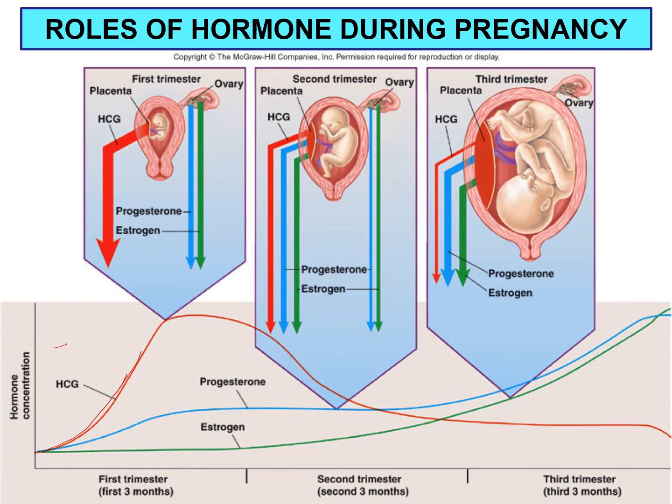HCG is released by trophoblasts, the cells in the blastocyst. So this secretion of HCG is used to detect the early pregnancy. So the increase of HCG, while the progesterone increases slightly and estrogen concentration is lower than the progesterone, but it is still being secreted by the corpus luteum to maintain the structure of the uterine lining.